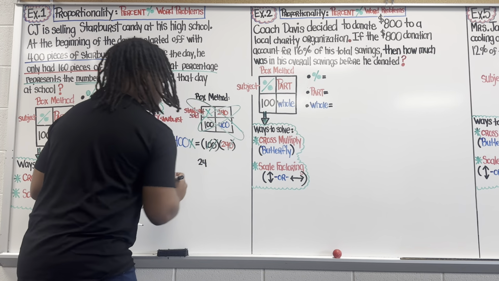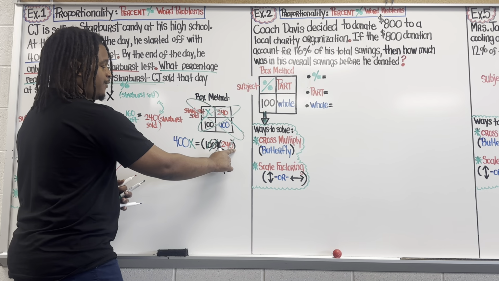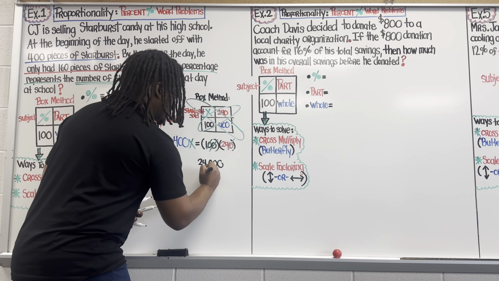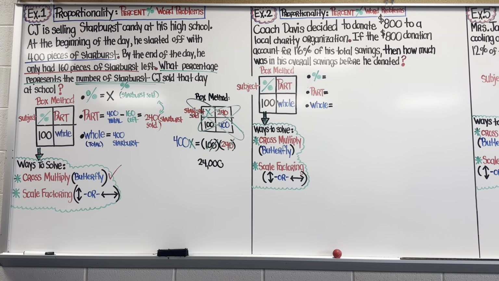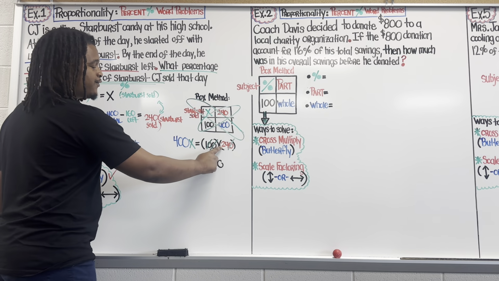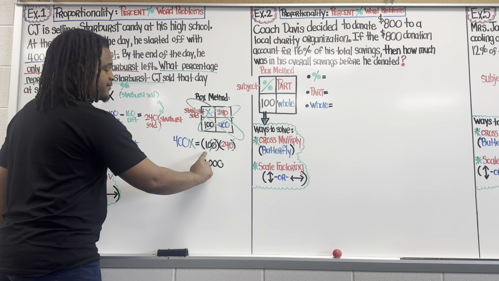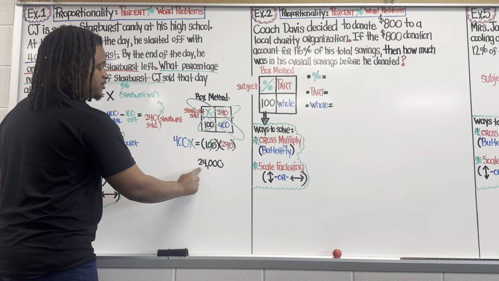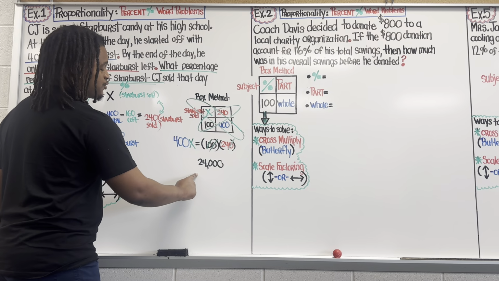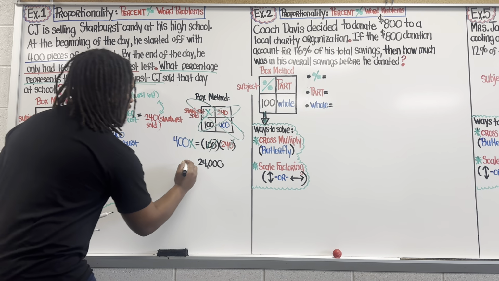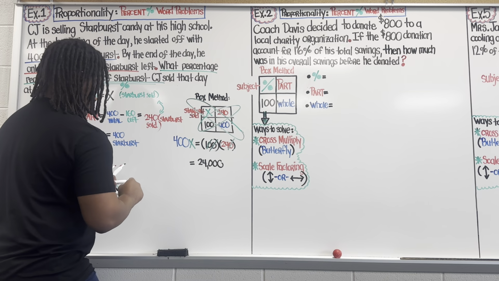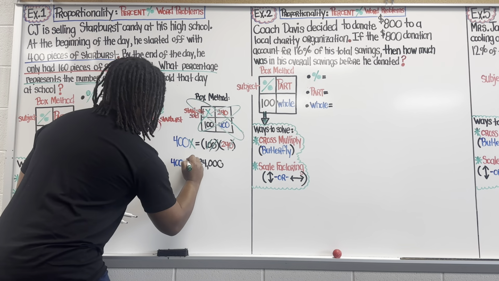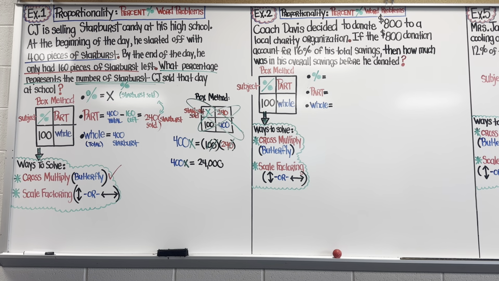So if that's the case, for 100 times 240, all I have to do is attach those 3 zeros, and it's actually 24,000, okay? So once again, all I did was multiply 24 times 1, which is 24, then the zeros that I crossed out, I reattached them. So 100 times 240 is 24,000, okay? So I have 400x equals 24,000.